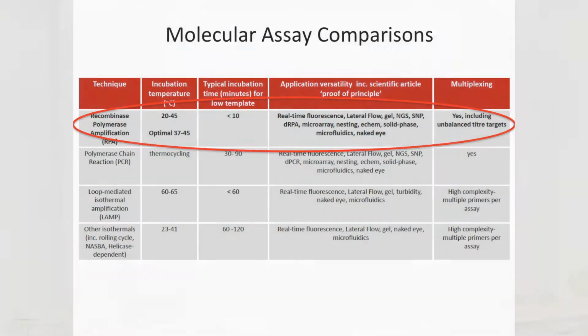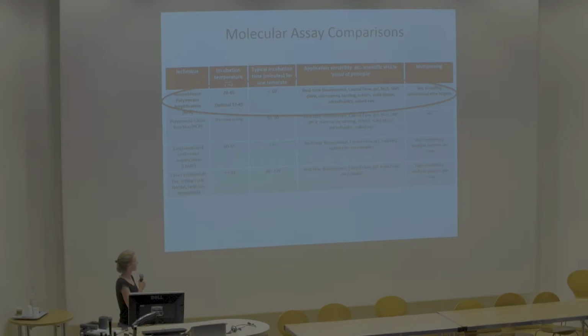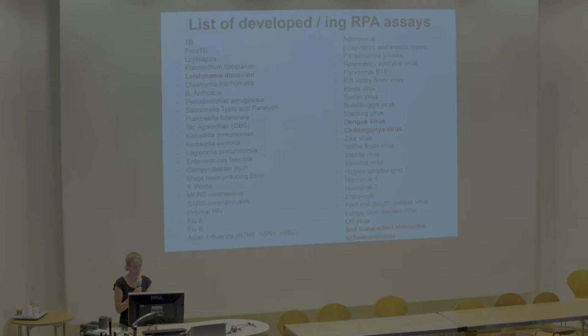And RPA is up here. It needs a very low temperature for working. It's very quick. It can run in just 10 minutes. And you can do DNA detection using multiple systems.